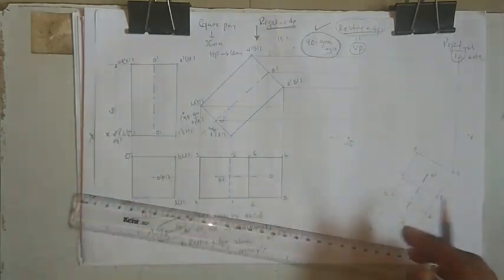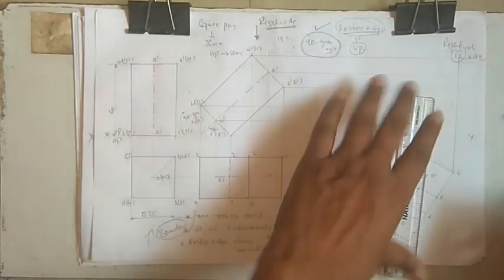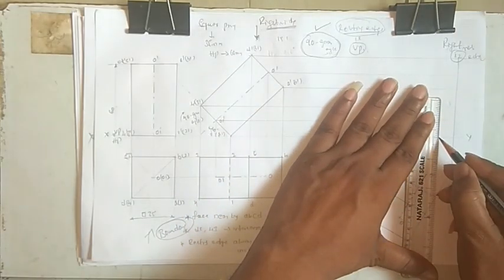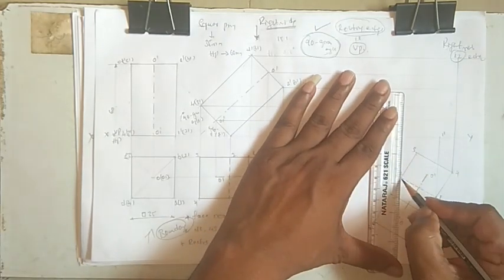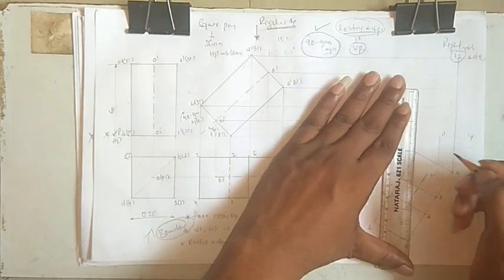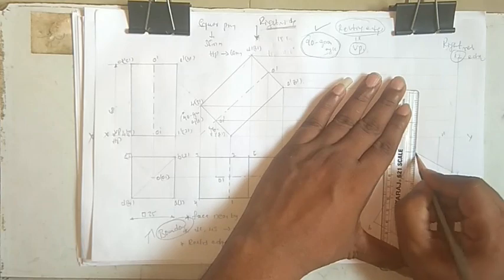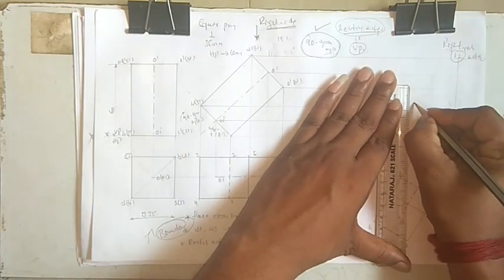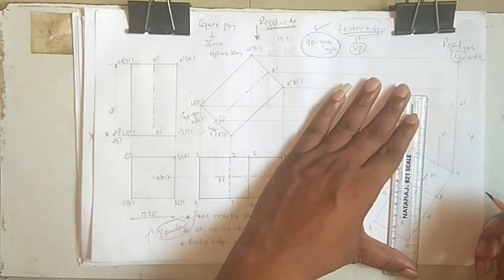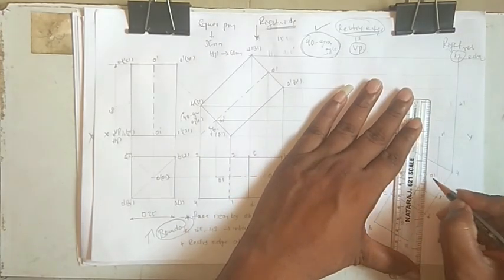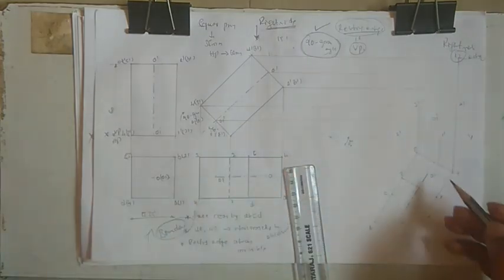Now 1 and 2 are on the XY line. So first we'll take 1, so this is 1 dash, 2 dash, so this is 3 dash, and this is 4 dash. On this one there is O1, so you just take O1 dash. That finishes this one.